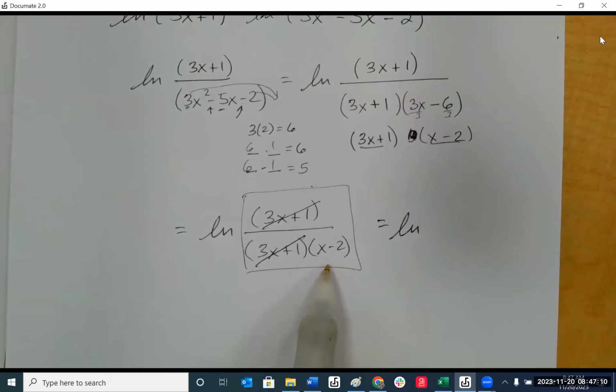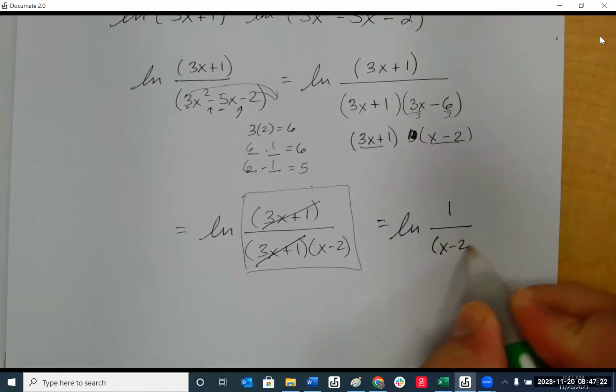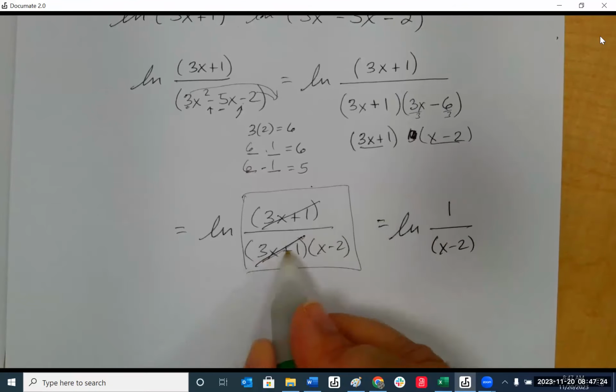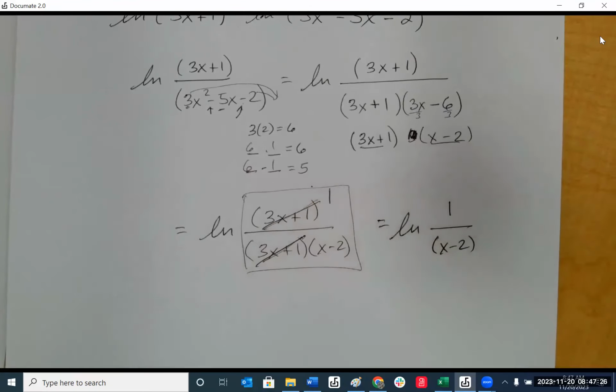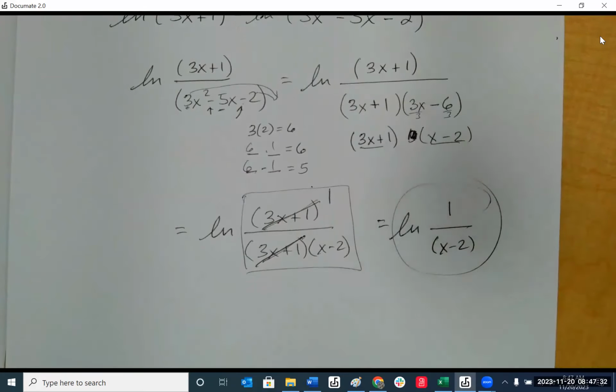It has to stay on the bottom. You can't move it on top. In other words, if it was 1/4, you can't make it 4. So because 3x plus 1 goes into 3x plus 1 one time, we have 1 over x minus 2. This is your answer.